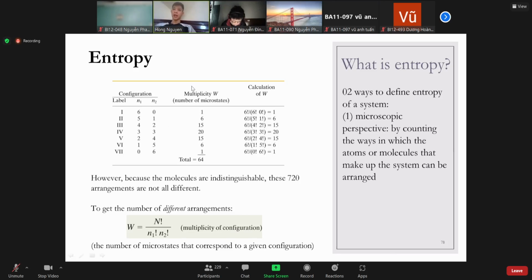Good. And we will have in the end a total number of microstates for our system of 6 molecules. Remember, our system has only 6 molecules. Then we will have a number of 64 microstates for our system of 6 molecules. Good.